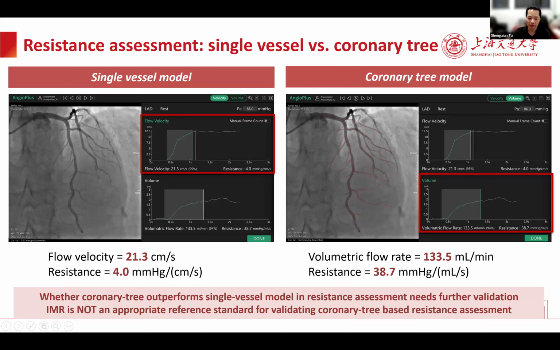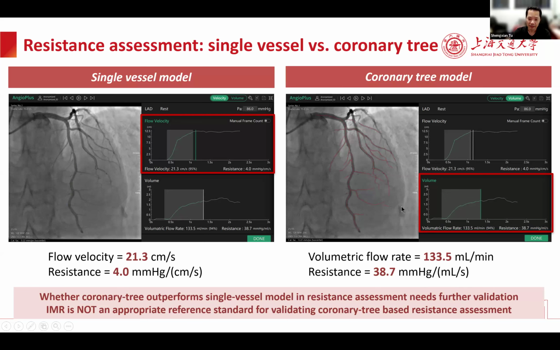In the past, we had the combo, the Doppler-based resistance, and the other solution is the volumetric flow rate. It quantifies all the side branches included here. So the unit of this resistance is going to be different compared to the first one. So be careful about this.